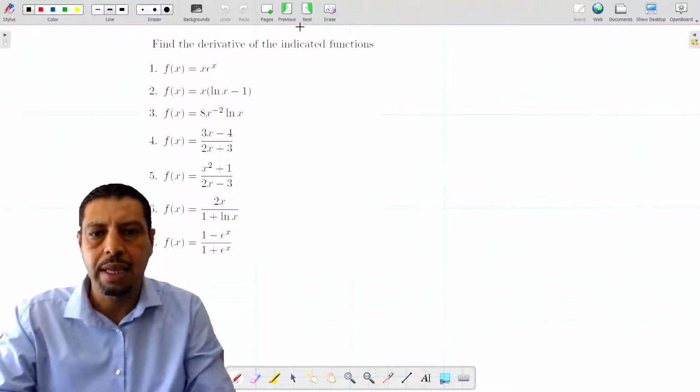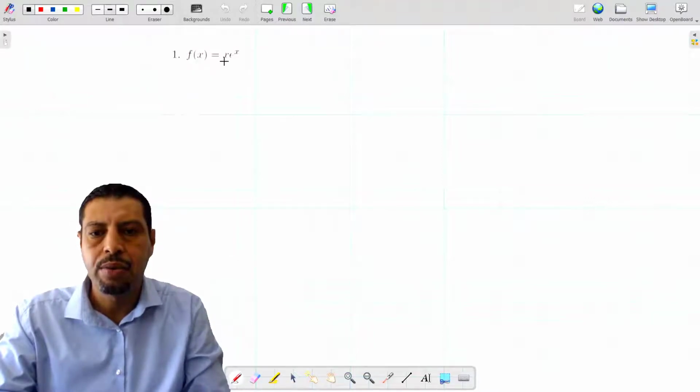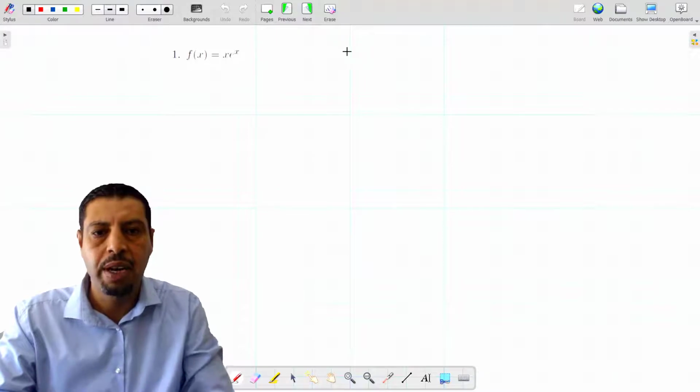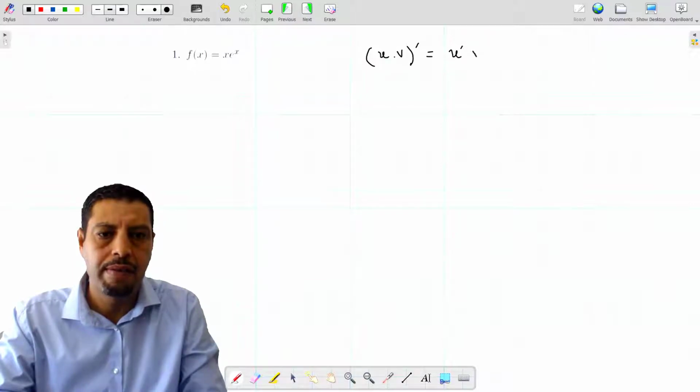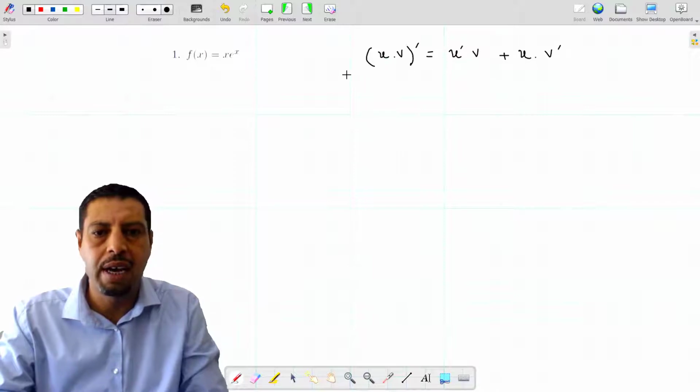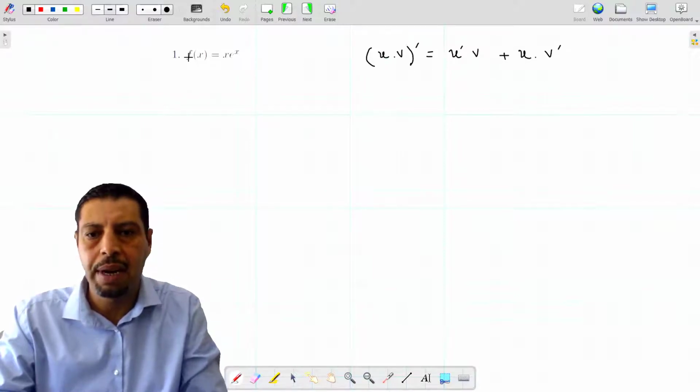f of x equals x exponential x, and here we can see that it's a product of two functions, x and exponential x. We're gonna use the formula (u times v)' equals u' v plus u v', where u and v are two functions of x. So let's apply this to f of x here. u is x and v is exponential x.